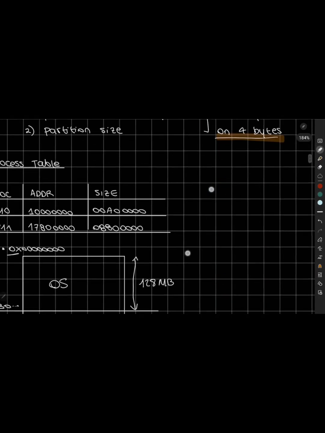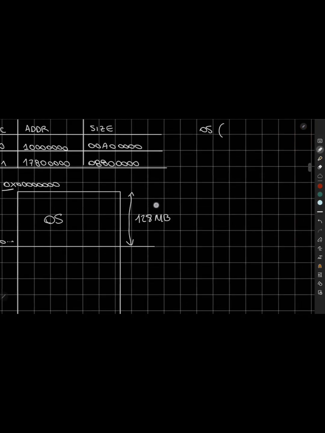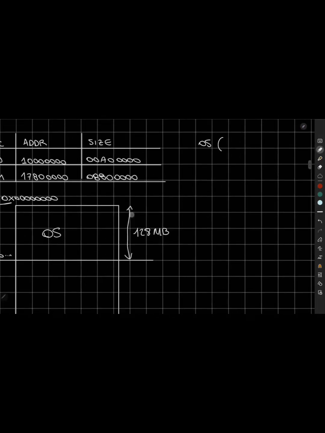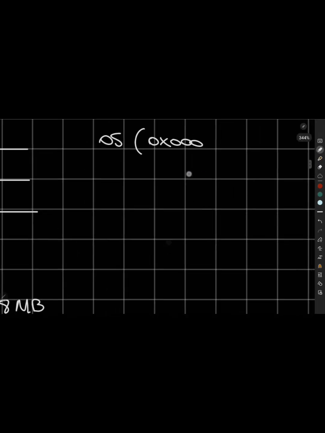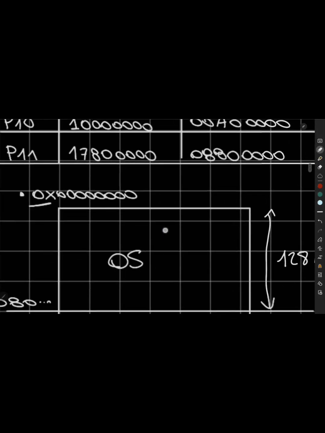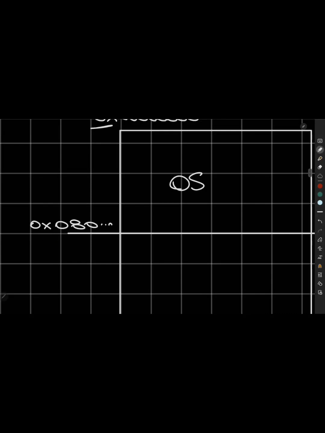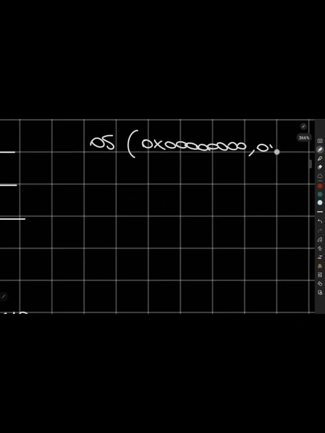So let me just write that our OS has a starting address of 0, 8 zeros, and has a size of exactly 0x08000000.